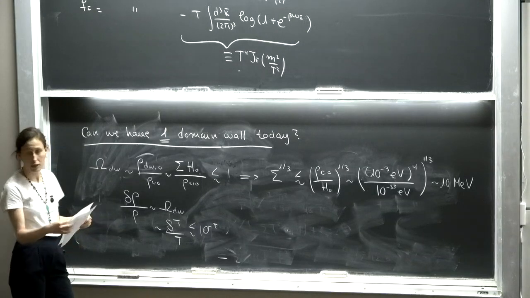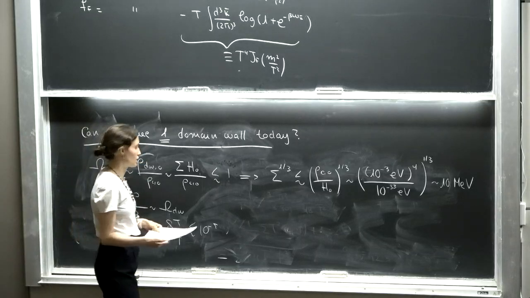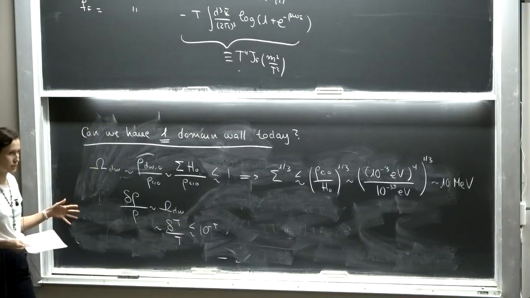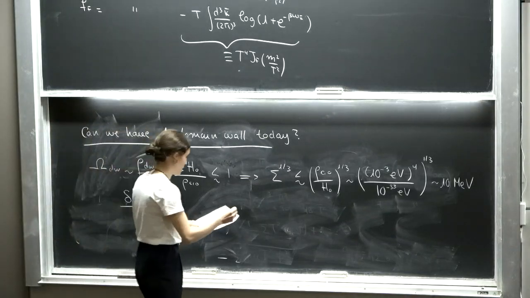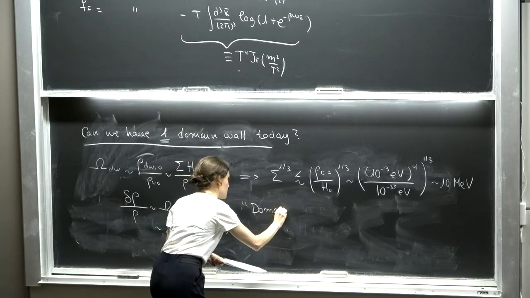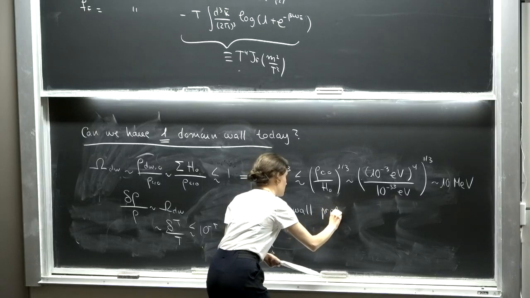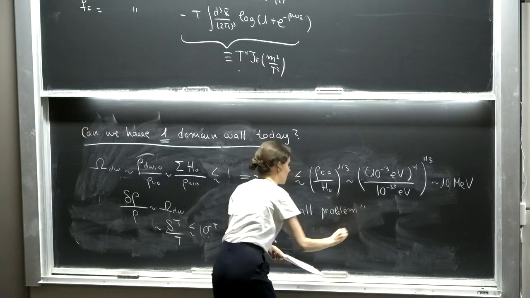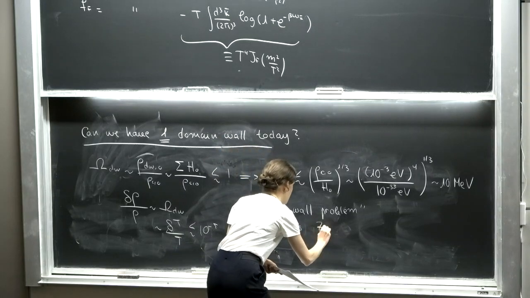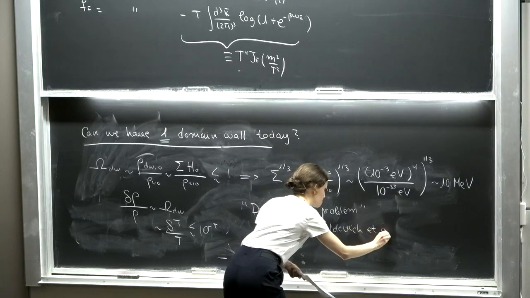So these things need to be got rid of. This statement that domain walls are basically inconsistent with our current cosmology is what goes by the name of the domain wall problem. And this was, I think, discussed for the first time already in the 70s by Zeldovich and collaborators.